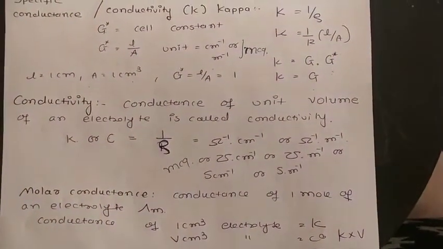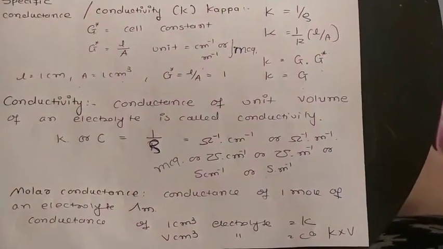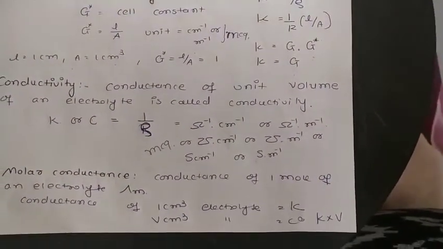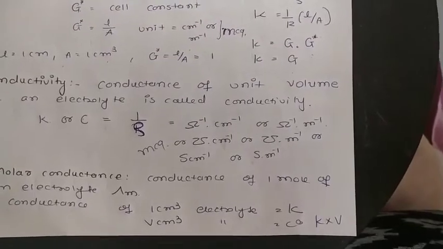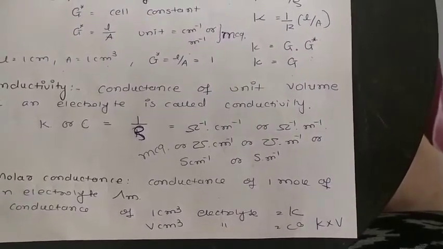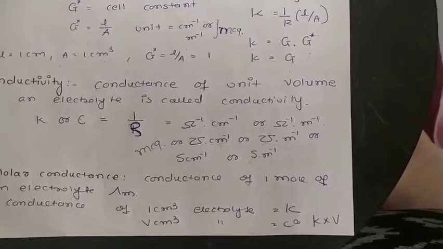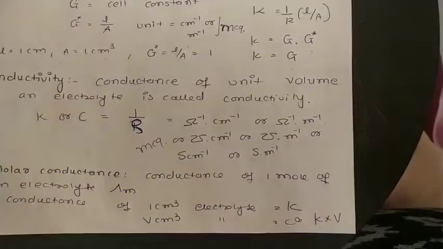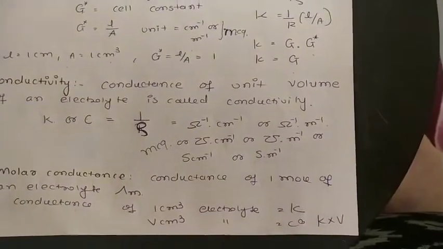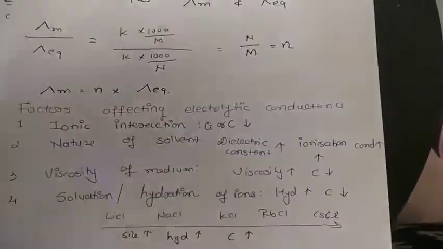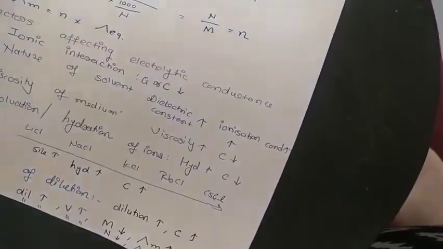Now we know that if L is equal to 1 centimeter and A is equal to 1 centimeter square, then the volume will be 1 centimeter cube. For 1 centimeter cube volume, the conductance of the electrolyte is equal to K, meaning kappa. Then for V centimeter cube, it will be K multiplied by V. Now, concentration can be represented in terms of molarity.